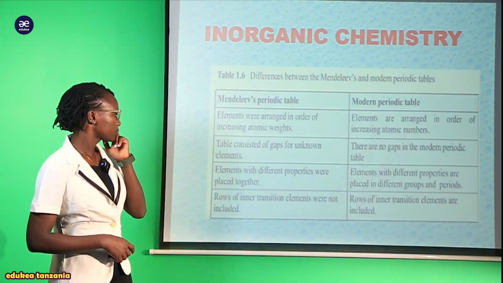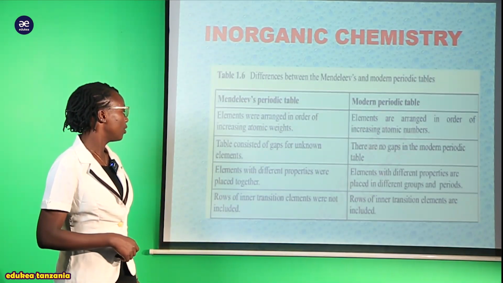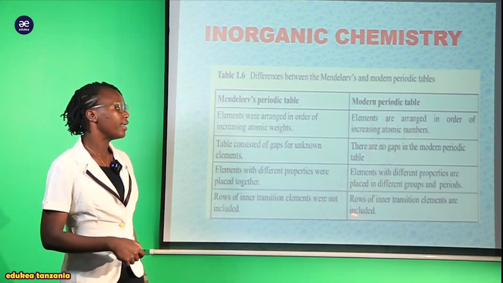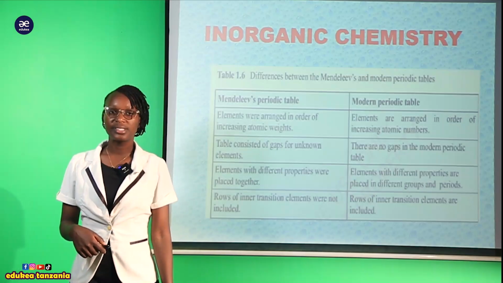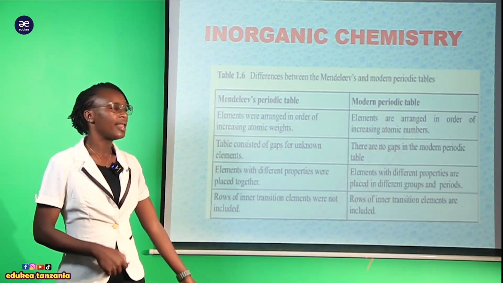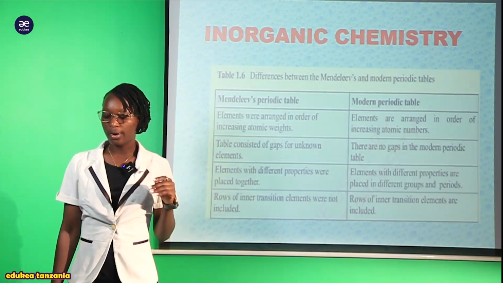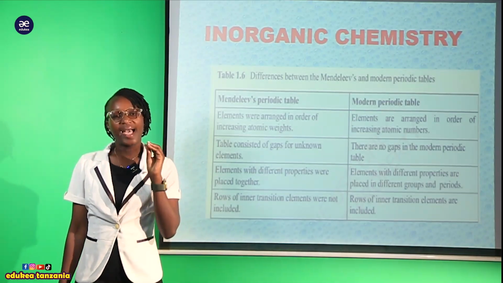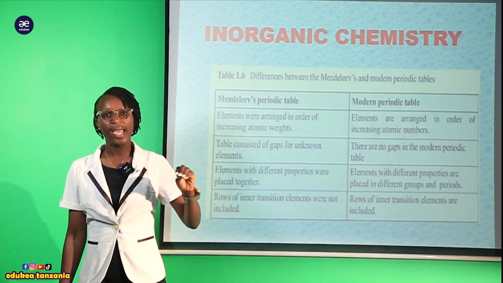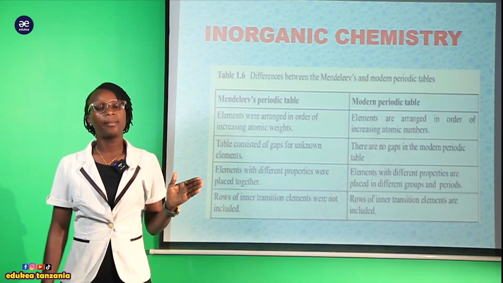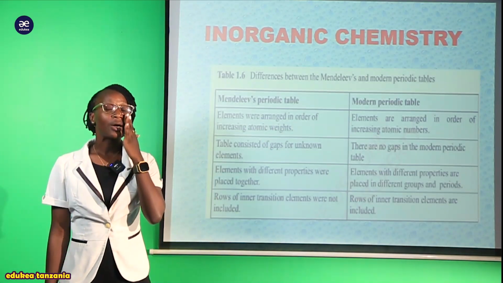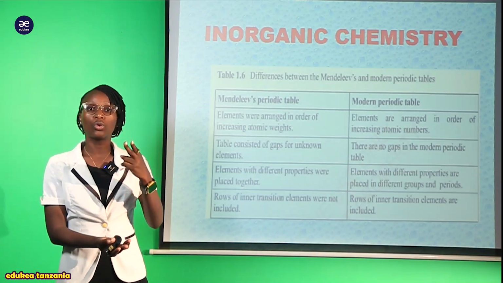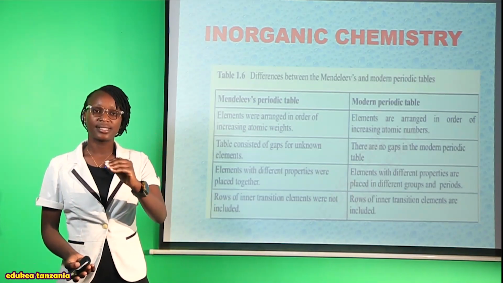But also in the Mendeleev periodic table you can see that rows of the inner transition element were not included, but in the modern periodic table the rows of the inner transition element are included. Tumeona kuna transition element, lakini kuna inner and outer, ambazo outer ni zile za kawaida, lakini kwenye modern kuna mwisho kabisa kule 2 rows la lanthanides and actinide elements.